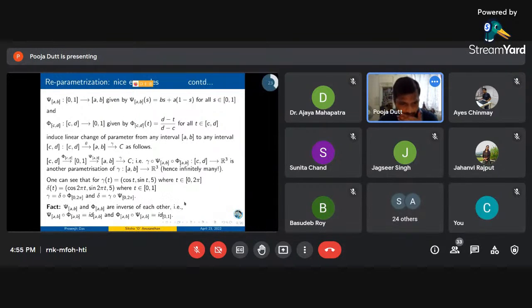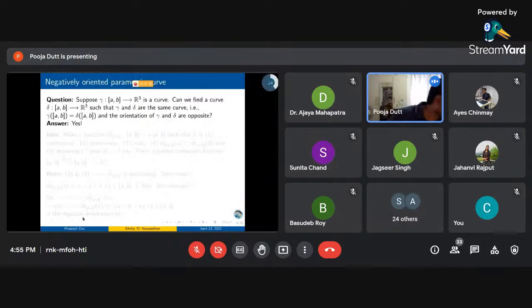So I have written here that phi compose psi, if you take the interval to be AB, is the identity function on AB, and psi compose phi is also the identity on 0, 1. That makes psi inverse to phi.